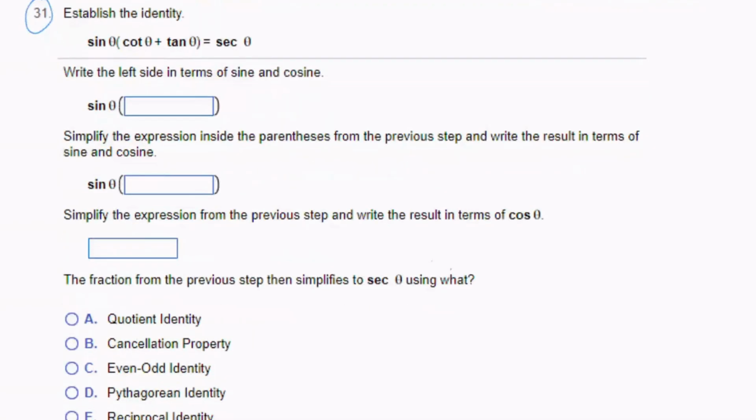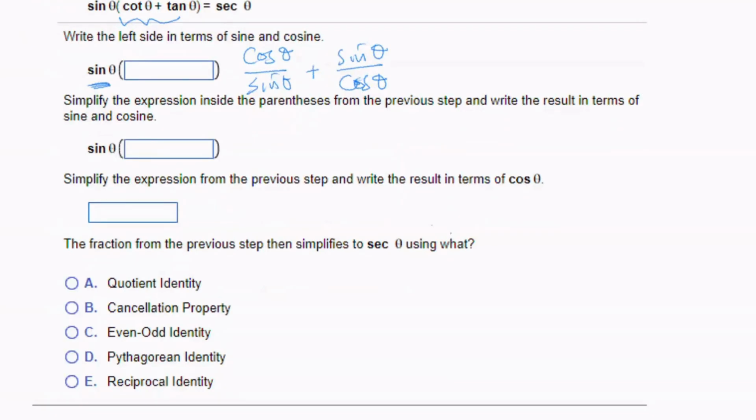Okay. So write the left side in terms of sine and cosine. We already have sine here. So what is in the parentheses here? Cotangent is cosine theta divided by sine theta, plus tangent is sine theta divided by cosine theta, right? That's it.